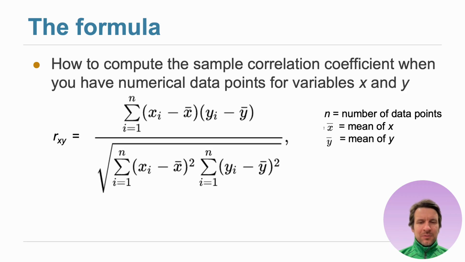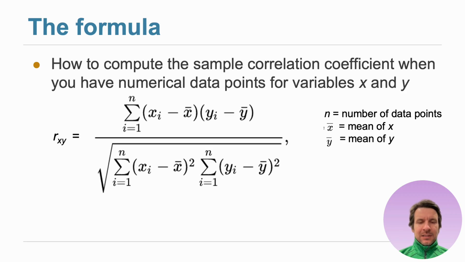Right, and now how does the formula look? In the numerator, you take x_i minus x bar, which means how far the value of x is from the mean, times how far the corresponding y_i is from the mean, right? So that's in the numerator.